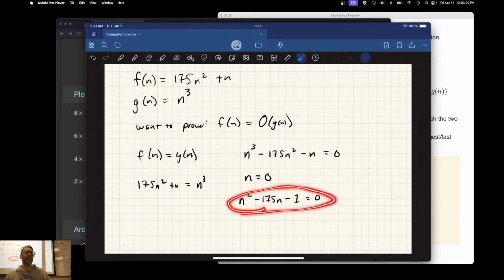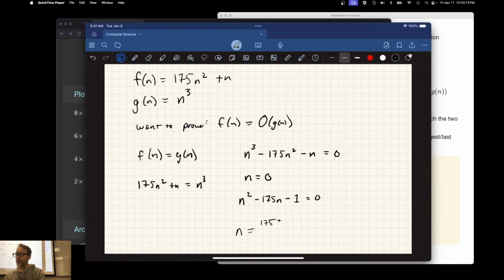Now that I've simplified it down to a quadratic equation, what tool can you use? Quadratic formula. N is equal to negative b, so 175, plus or minus the square root of b squared, so 175 squared, minus 4ac, so that's plus 4, all over 2a. I'm not even going to do that math.